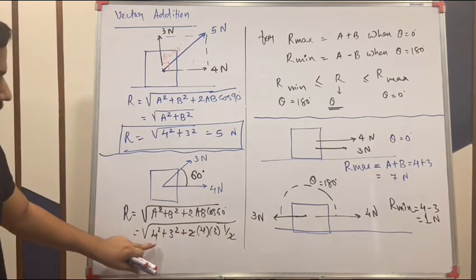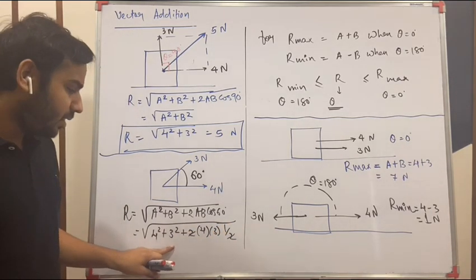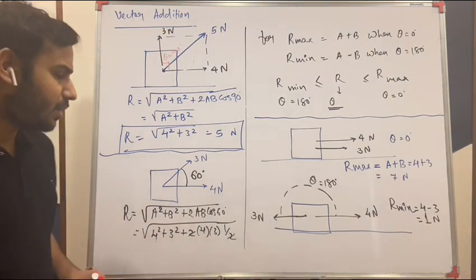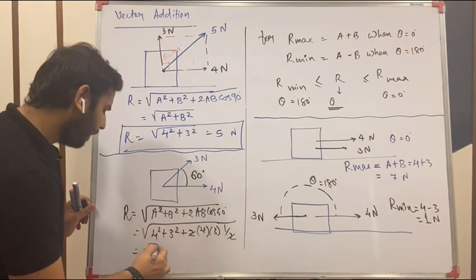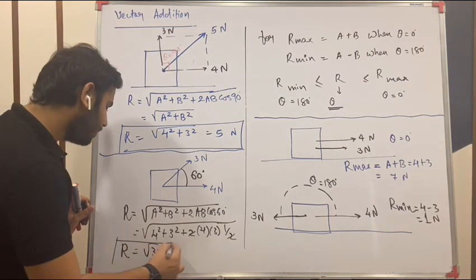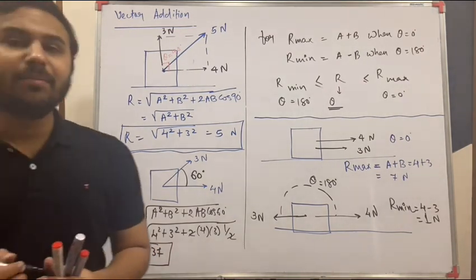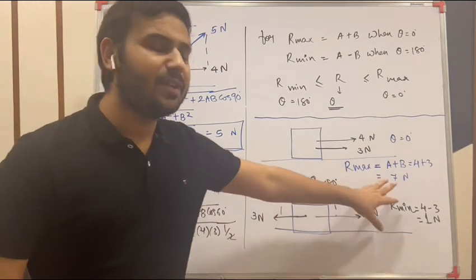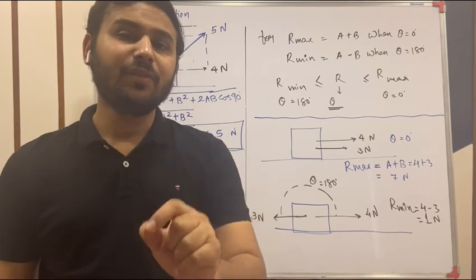So 16 plus 9 is 25, plus 12, that is root 37. Root 37 is definitely less than 7.